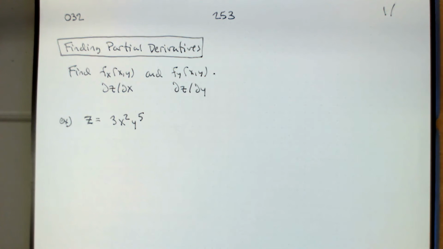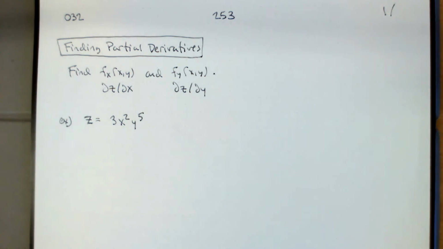So the 3 times x squared times y to the fifth. It's just a big multiplication. The reason it's important to recognize this is that we do different things when we have a constant factor than when we have a constant term.